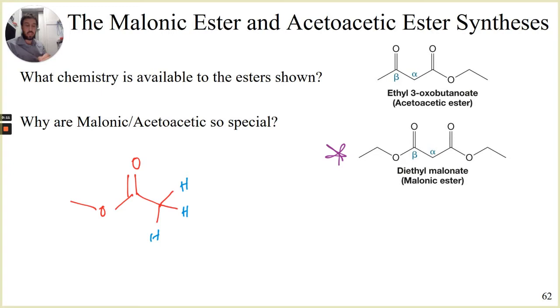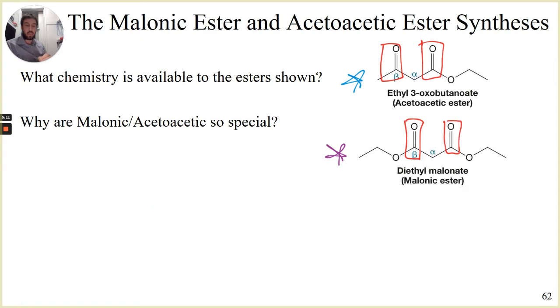And so what this section is now referring to is a special case of our esters. In the case of the malonic ester, it's a diester. And in the case of the acetoacetic ester, it's really a dicarbonyl. What we're trying to address with this section is this juxtaposition of the two carbonyls next to each other.